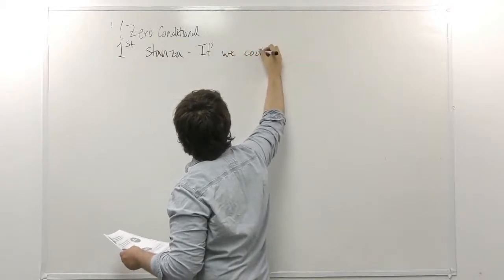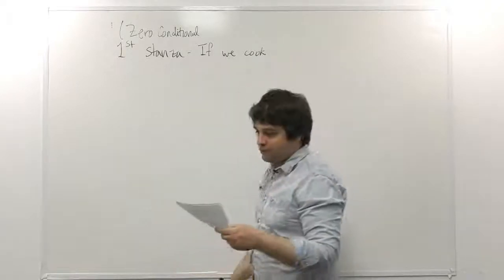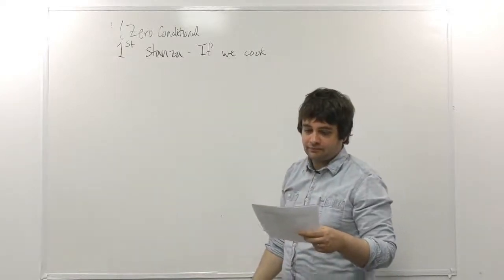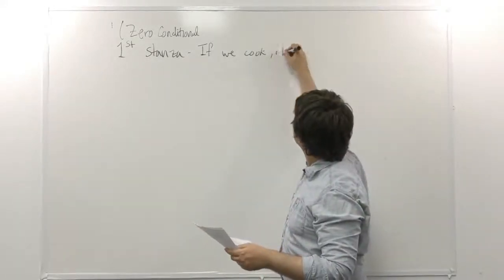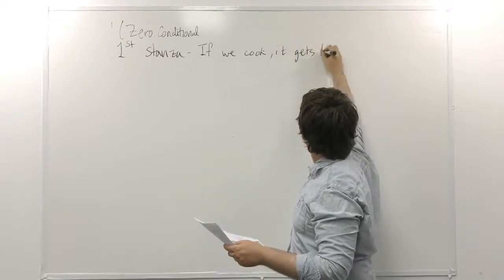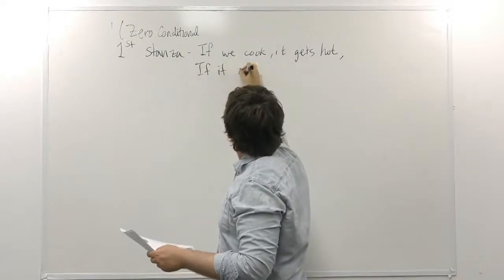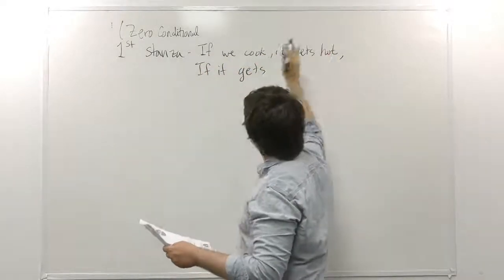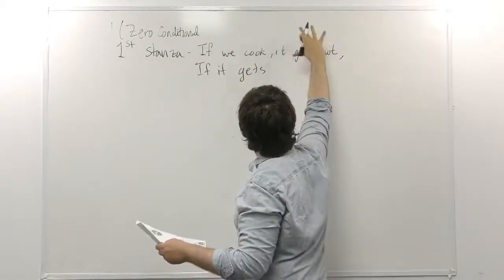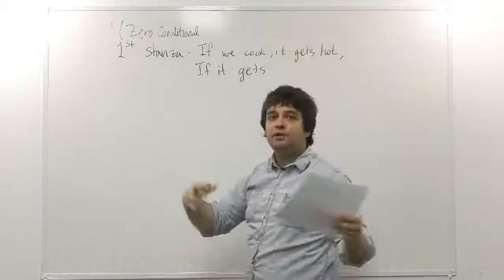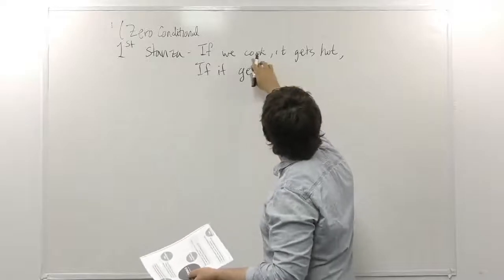If we cook, no, what do I want to say here? If we cook, it gets hot. If it gets hot, so again, like when you're connecting this, you got your if clause and then your conditional clause, and your conditional clause can kind of become your if clause in the second line, and so on and so on. So I'll try to demonstrate that. If we cook, it gets hot.